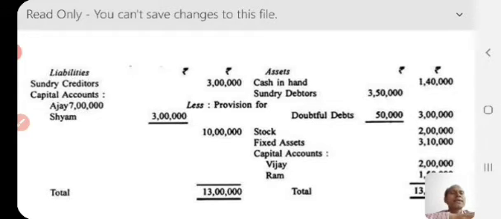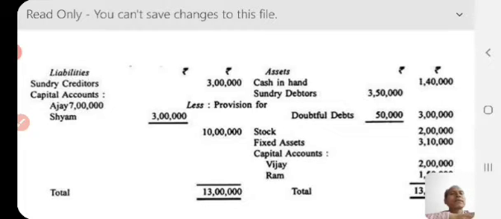If we look at the assets side: cash in hand 1,40,000, sundry debtors 3,50,000, doubtful debts 50,000 outside 3 lakhs, stock 2 lakhs, fixed assets 3,10,000.